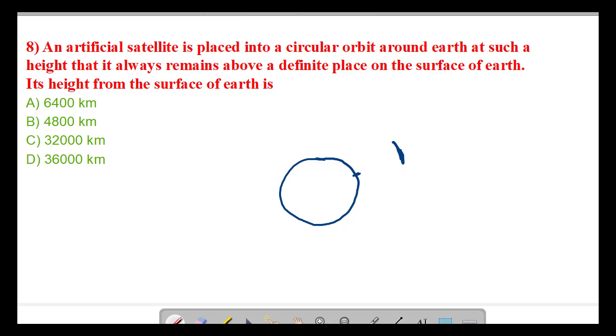So with respect to the motion of the person, the satellite also moves in the same direction. So this satellite appears to be stationary to this particular observer. This is called a geostationary satellite. The height of a geostationary satellite is 36,000 km above the surface of the Earth. This satellite is used for communication purposes.